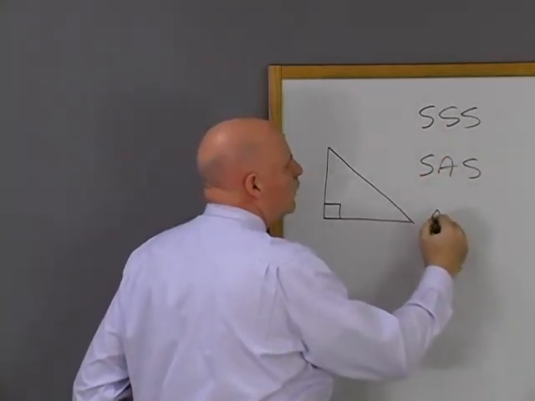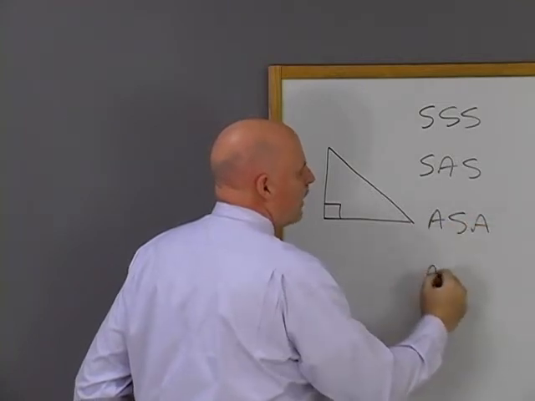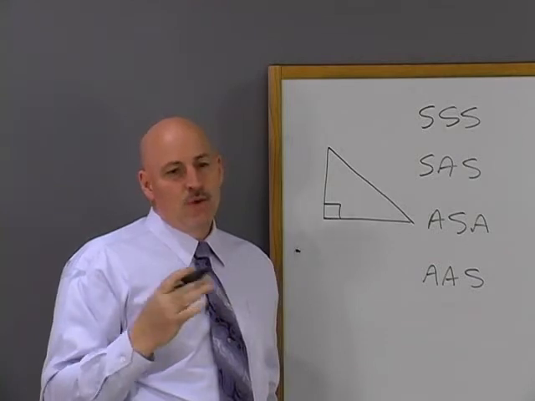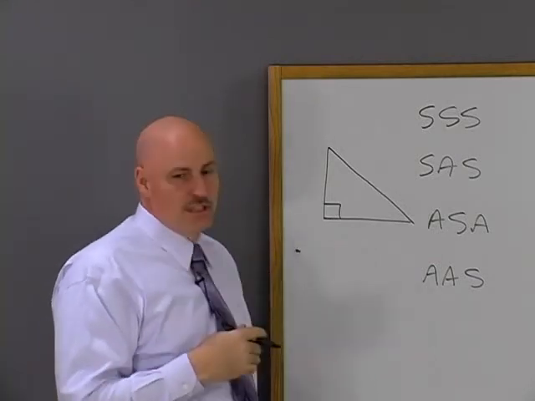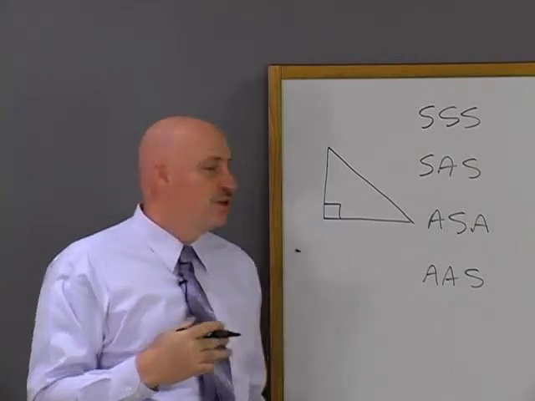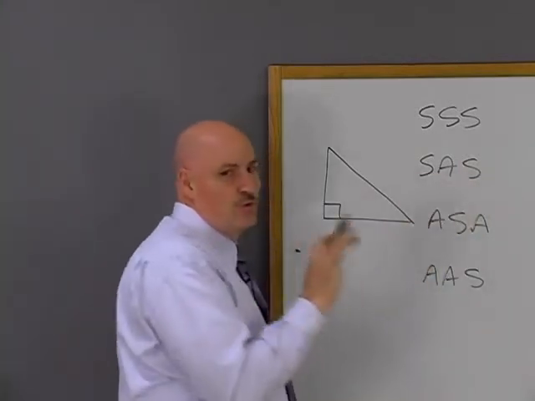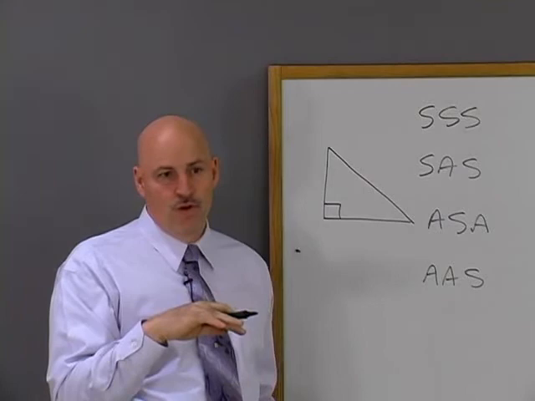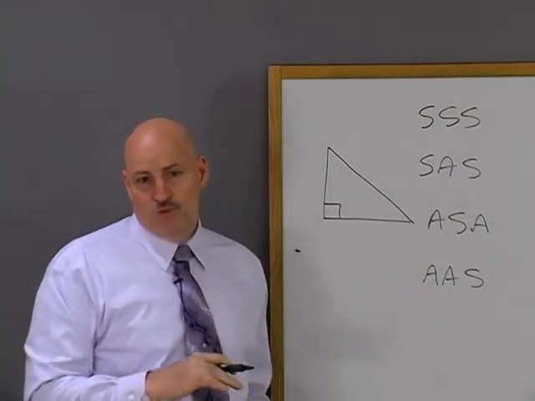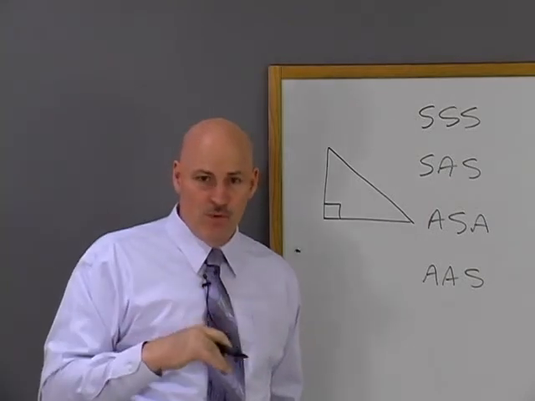We know angle, side, angle, and angle, angle, side. Correct? By the way, if there are other combinations of those letters, you might want to try yourself and see whether they could be true. I mean, you could do SSA, two sides and an angle, and see if that would be congruent. Or you could do angle, angle, angle. Try that one. But just experiment if you want.